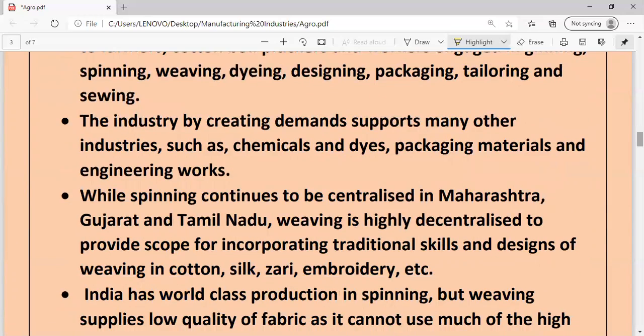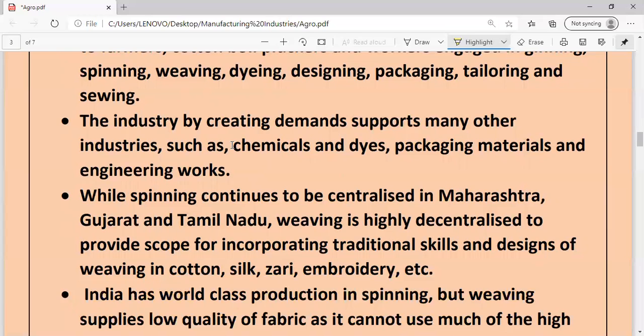The industry, by creating demand, supports many other industries such as, as I told you, chemical, dye, packaging materials, and engineering works. So the other industries which are depending on the cotton textile industry are chemicals and dye, because after making cotton fabric, you need to give color. So you need chemicals, and chemical industries depend on the cotton textile industry.